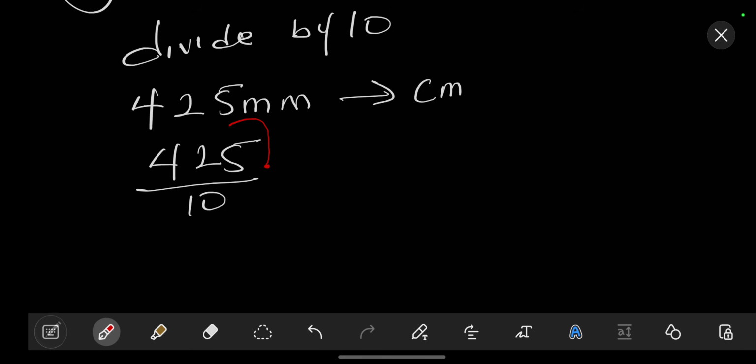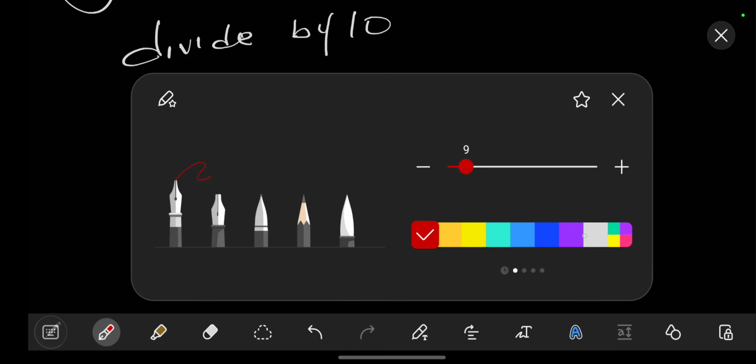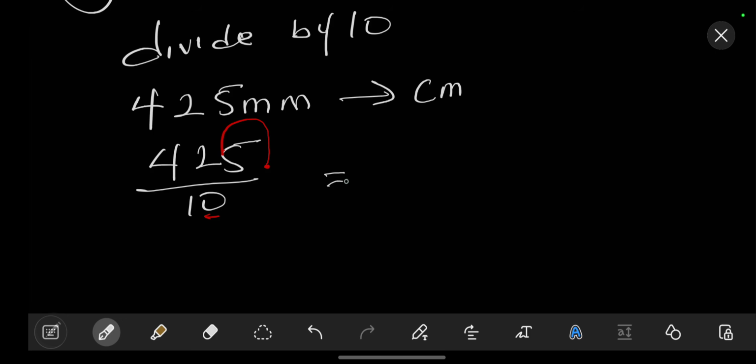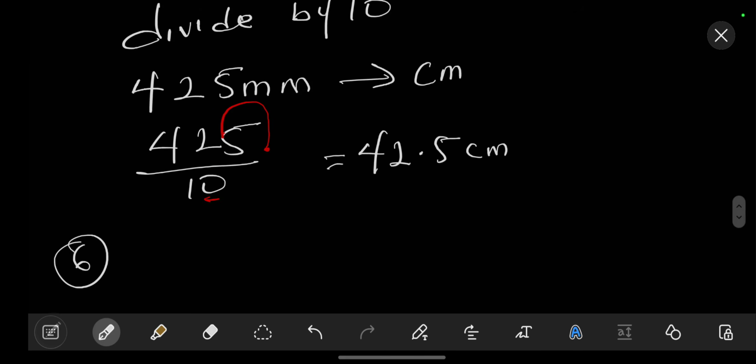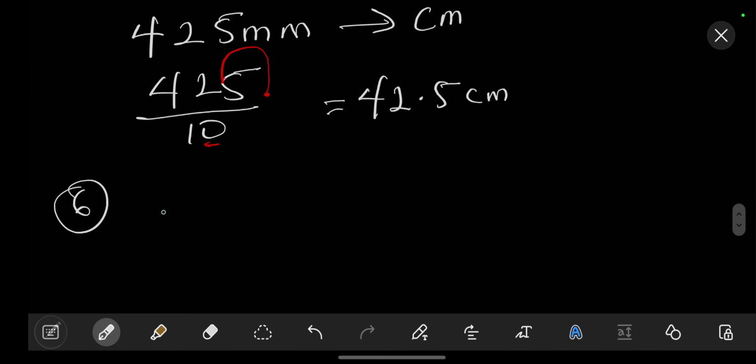Moving it backward once, because we have only 1 0 here, that gives us 42.5. It's good you always add the unit, 42.5 centimeter. Now, for the sixth one, we have number 6 here. Let's see how we can go from centimeter back to millimeter.